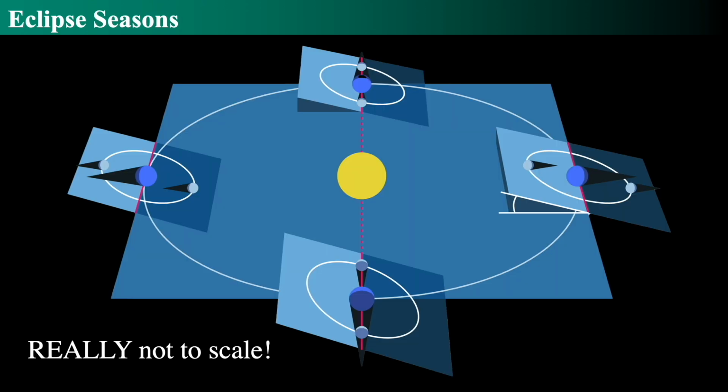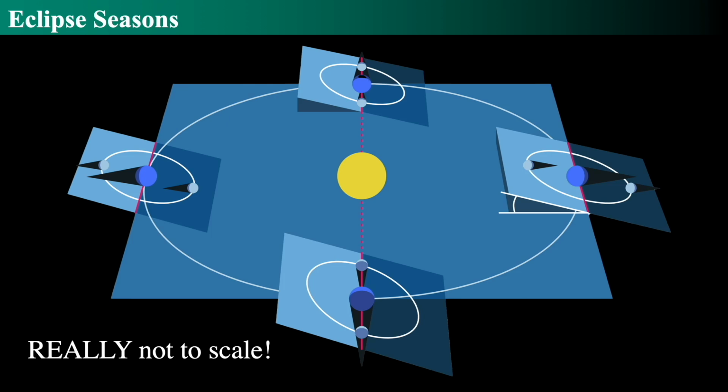So let's see when we get eclipses. These are called eclipse seasons, and this diagram is really not to scale. There's a time of year during which solar and lunar eclipses are possible. Lunar eclipses don't occur at every full moon, and solar eclipses don't occur at every new moon, again because the moon's orbit is tilted 5 degrees with respect to the Earth's orbit.